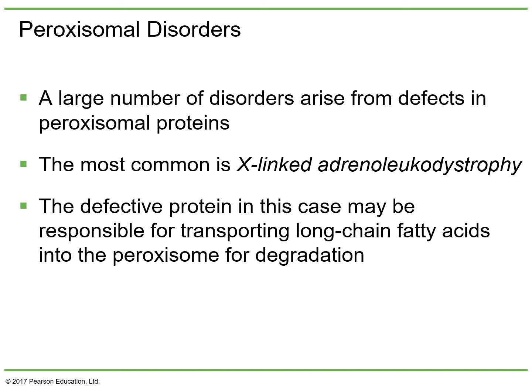The defective protein that causes the disorder is actually an integral membrane protein that may be responsible for transporting very long-chain fatty acids into the peroxisome for beta oxidation. Accumulation of these long-chain fatty acids in the body fluids would destroy the myelin sheath in the nervous tissues.